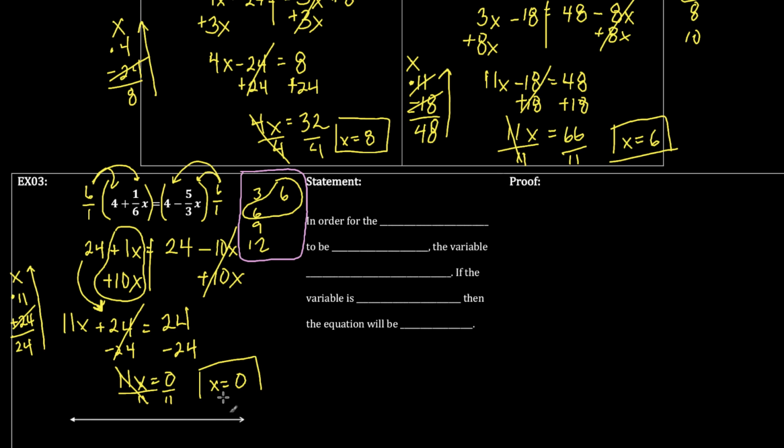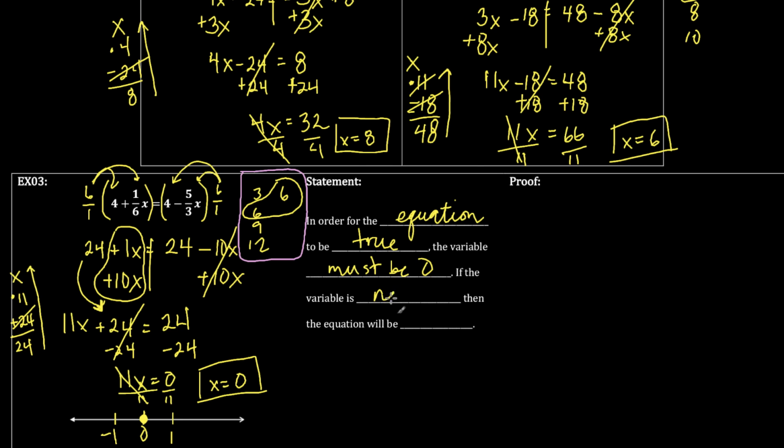So 0, 1, negative 1, answer 0. So in order for the equation to be true, the variable, which is x, must be 0.